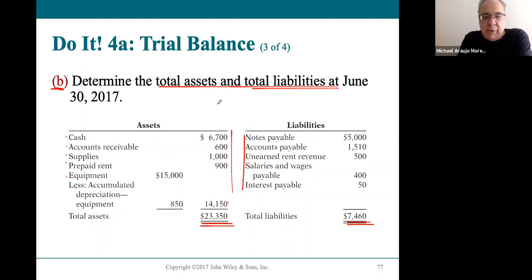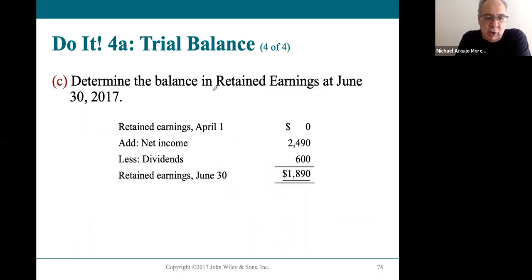Now you know what the balance sheet equation is. Assets equals liabilities and stockholders' equity. So here are your total assets. Here are your total liabilities. You can figure out what the stockholders' equity is because you can simply subtract those two to find that out. What they wanted you to do is to find out retained earnings.